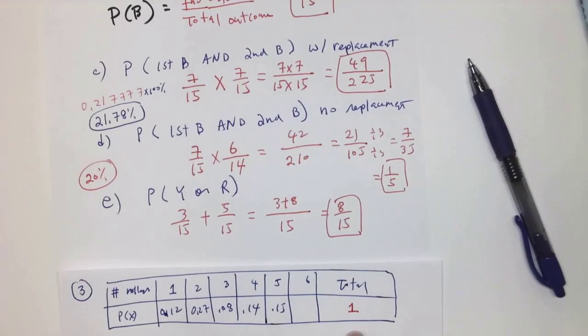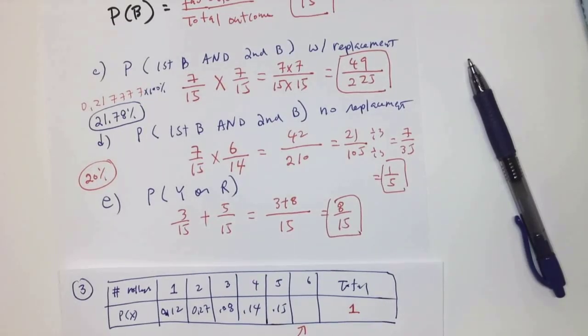So I will have an empty spot in the table that you have to fill in. So how do I find this one? You can add them and subtract, or I can just subtract them either way. 1 minus 0.12, minus 0.27, minus 0.15, and so on. Somebody do that for me, please.